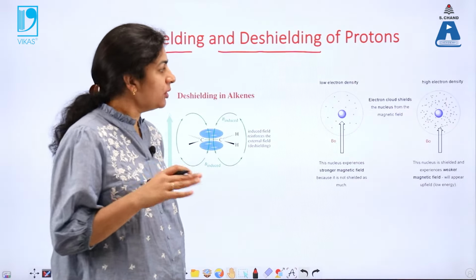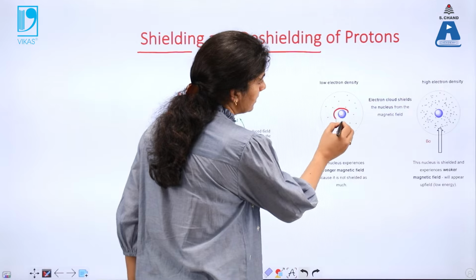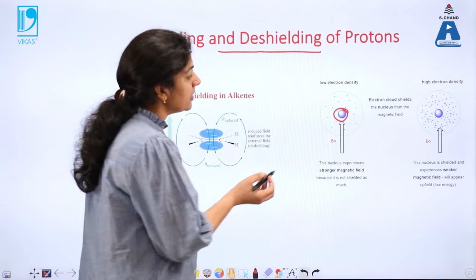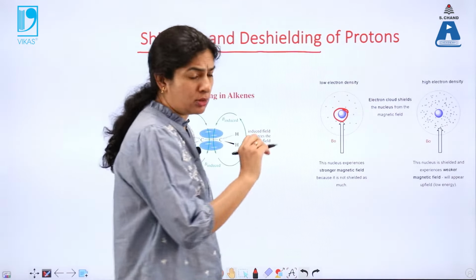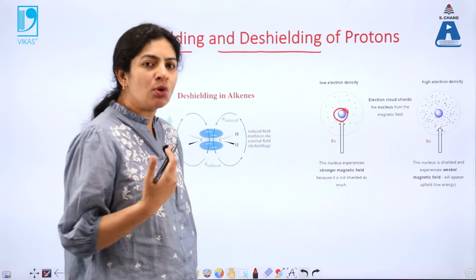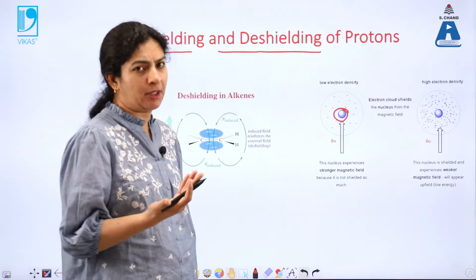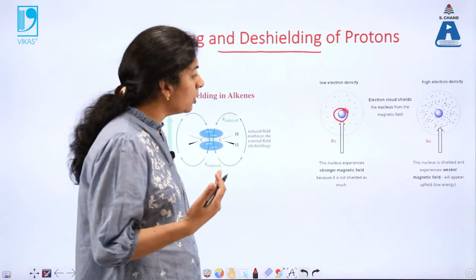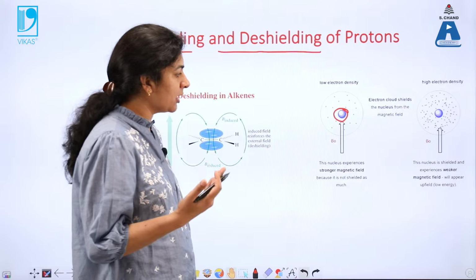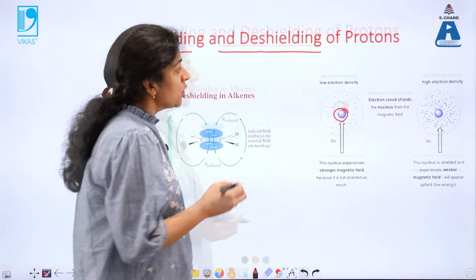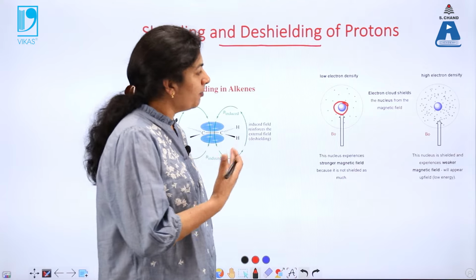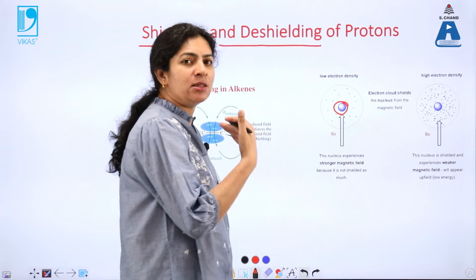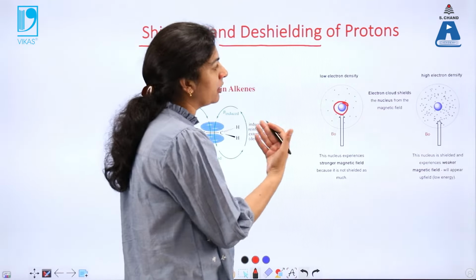As we have understood, when a proton is present inside a molecule, it has a distinct chemical environment. It is surrounded by so many electrons, right? These electrons are also charged particles. So just like the nucleus, these electrons will also start experiencing the magnetic field. When an external magnetic field is applied, along with the proton, these electrons also start circulating.